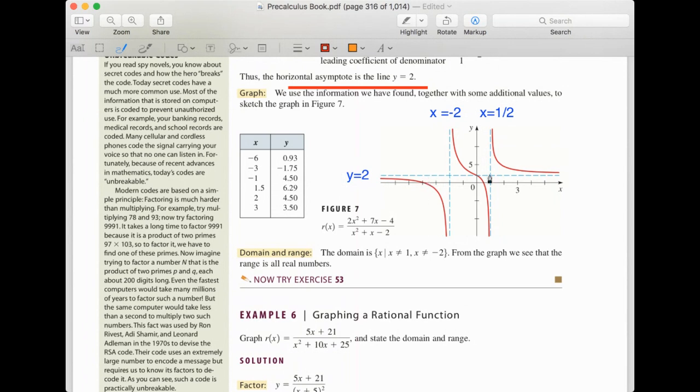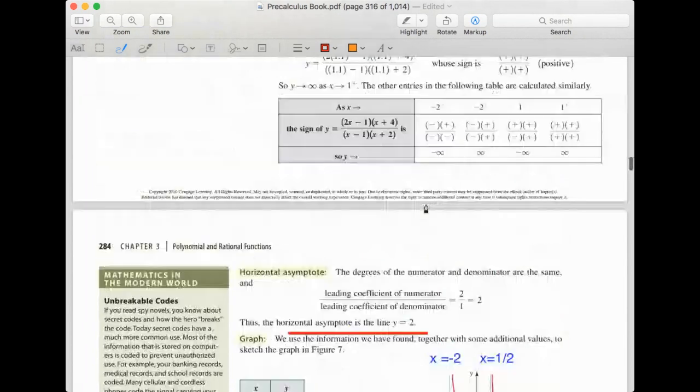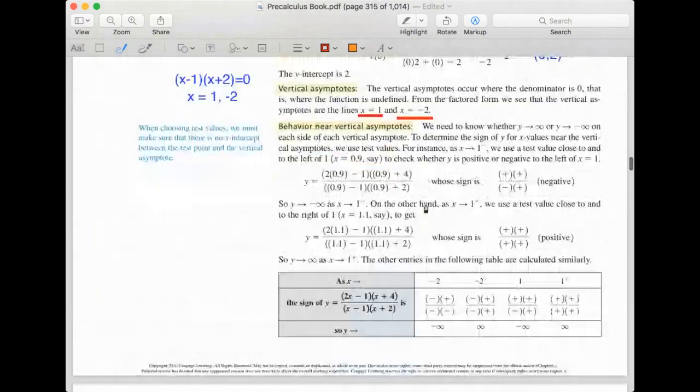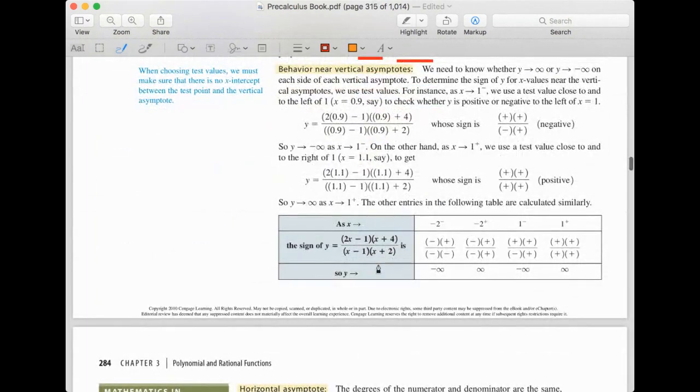And how do we graph the rest of the function? How do we know the function goes this way? We have to give a couple of special points. That's why we have here, right? So we have 2x minus 1, x plus 4, x minus 1, x plus 4, and x plus 2 as factors. Now we can give some special values, right? We can think this factor is negative, this factor is positive, this factor negative, this factor negative.